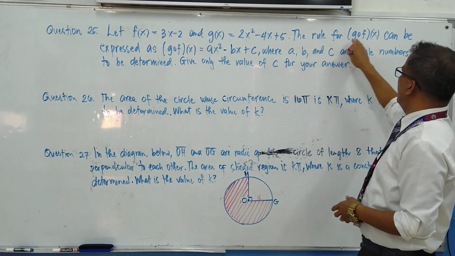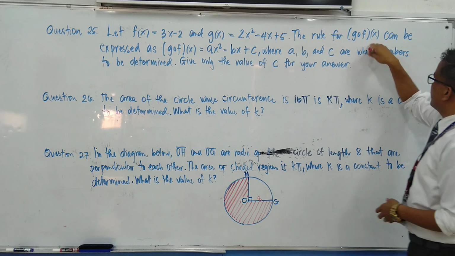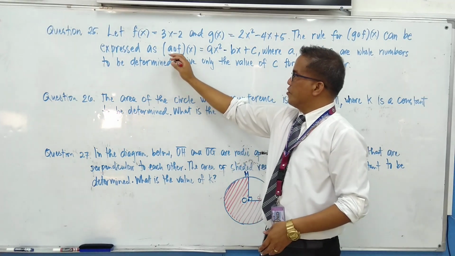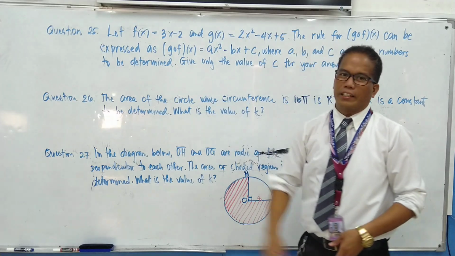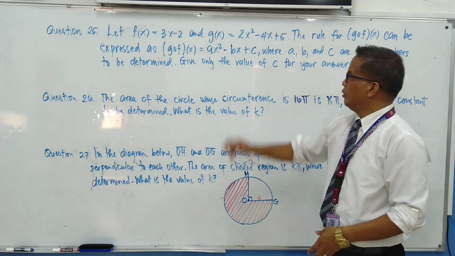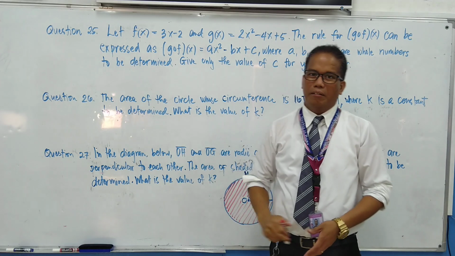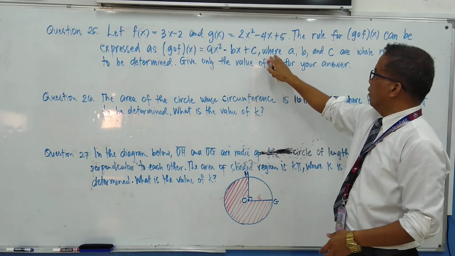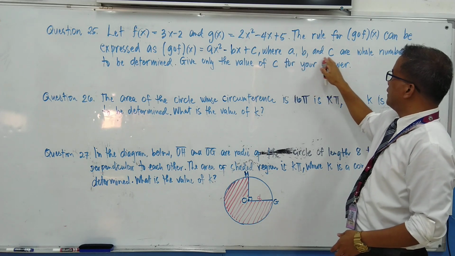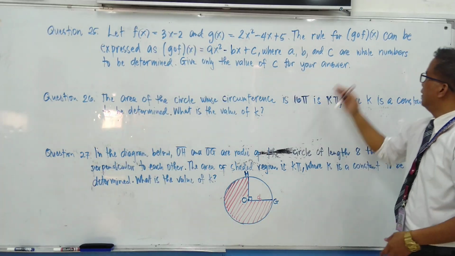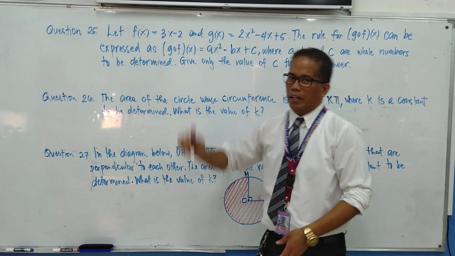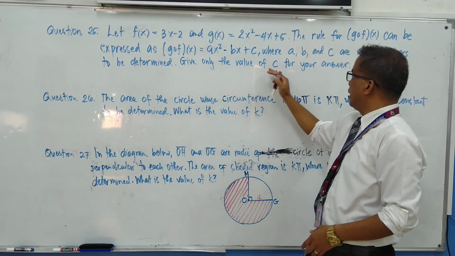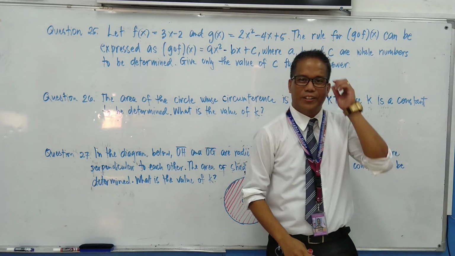The rule for g circle of f of x can be expressed as ax squared minus bx plus c, where a, b, and c are whole numbers to be determined. Give only the value of c for your answer.